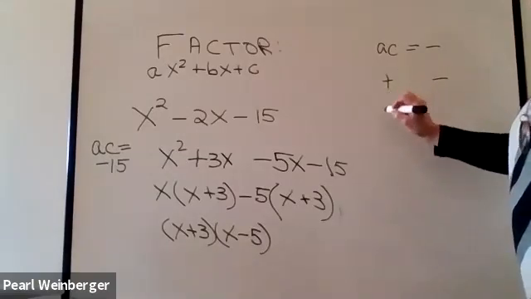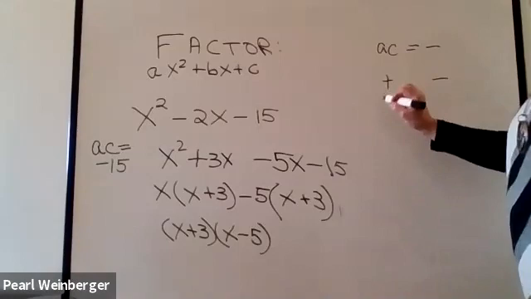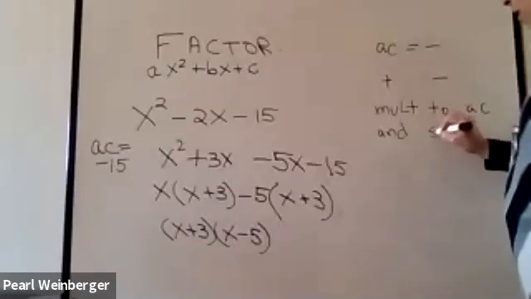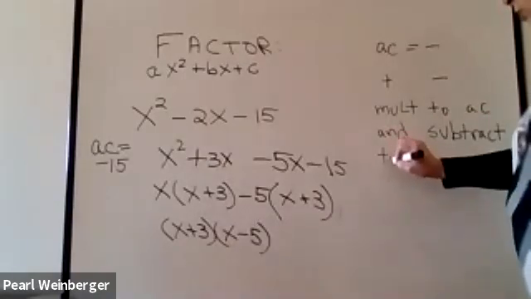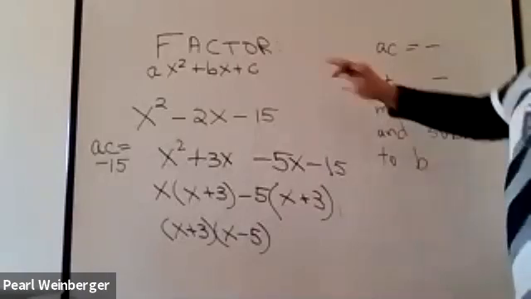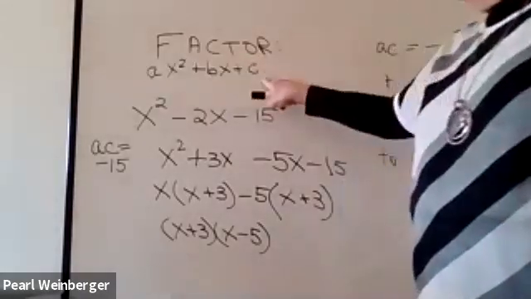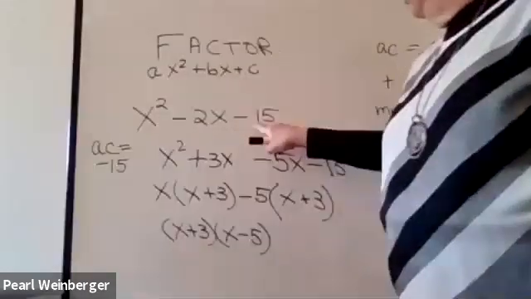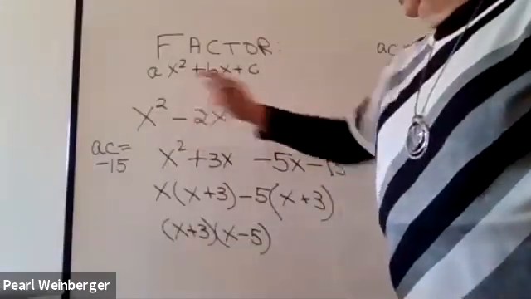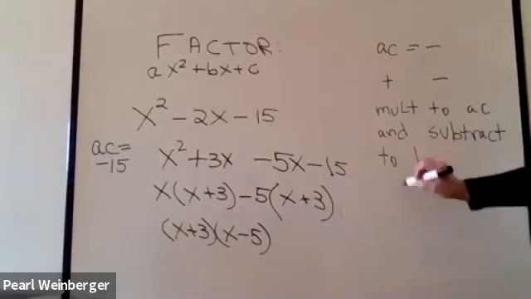They have to multiply to the AC and subtract to the B. The AC is this times this, the B is this. In this case, the AC was -15 and the B was -2.